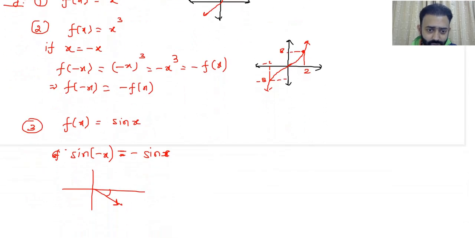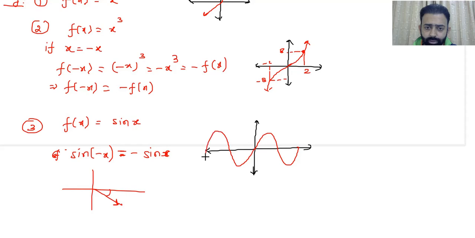Now let us talk about the sine function. The graph of sine x looks like this: it starts from 0, it goes from pi to 2 pi, and in the negative direction it goes from 0 to minus 2 pi like this.